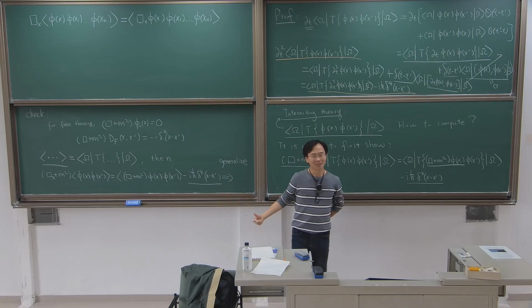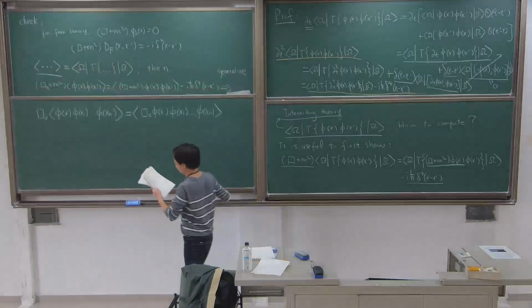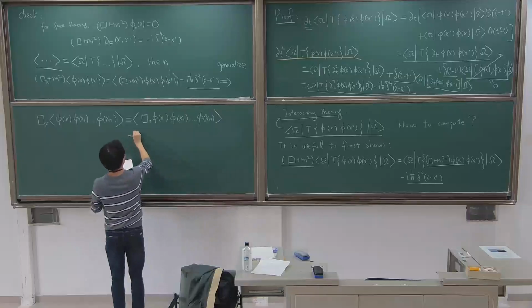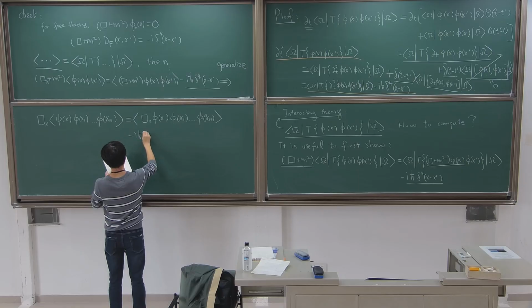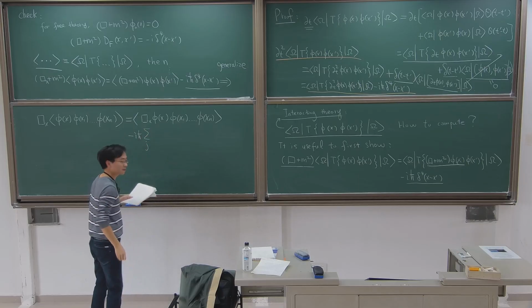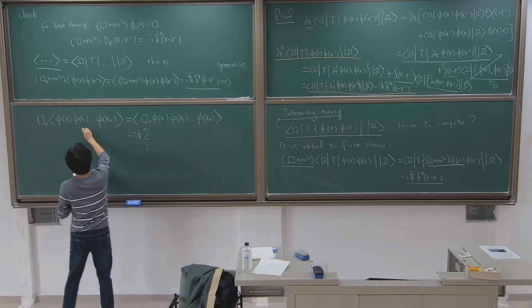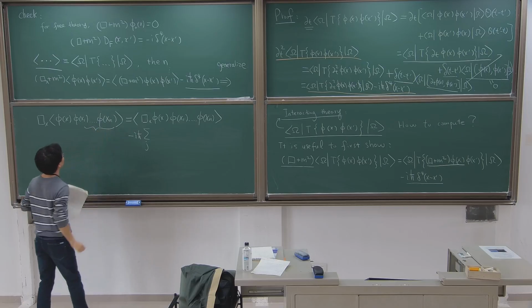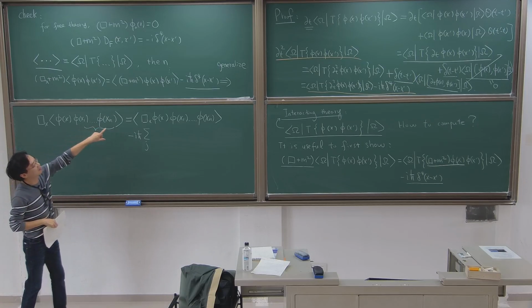Then the natural guess is that the remaining term will again be h bar, and then there is a sum. The sum depends on how many other insertions you have. If you have a single one, you will just have the delta function.